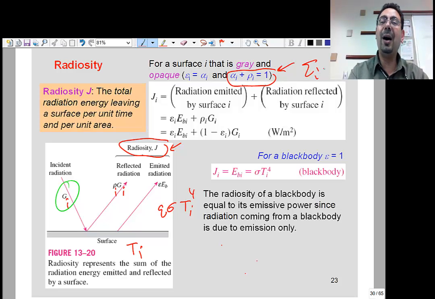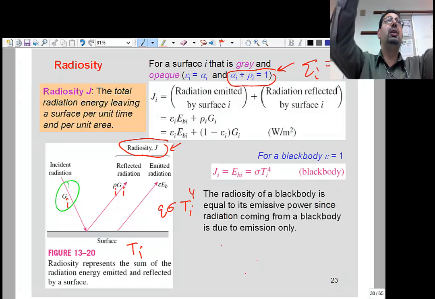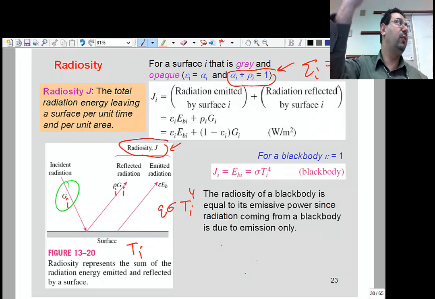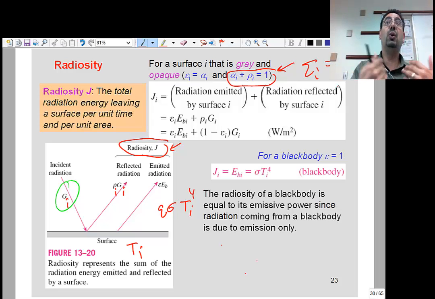Because tau I is 0, assuming we are doing an opaque surface, which is most of the problems, what's left? It's either you absorb, or you reflect, or you transmit. So if you kill the transmission, nothing goes through you, then it's only you absorb or you reflect.